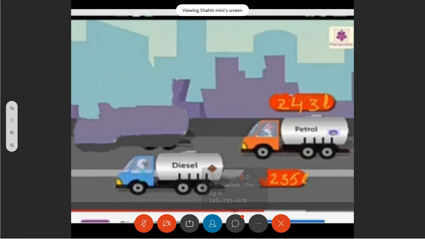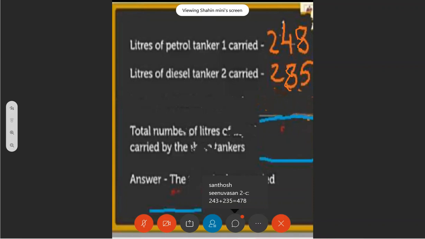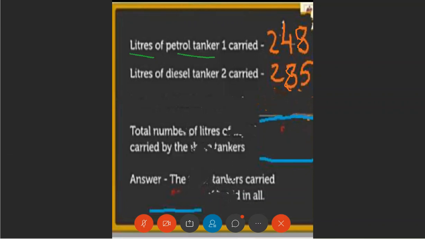The liters of petrol in the tanker is 248 and the liters of diesel is 285.